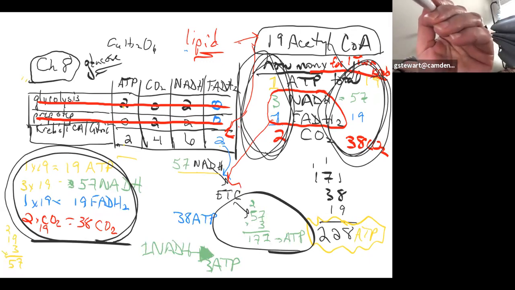If you can reproduce this chart very quickly and remember adding on the starting molecules and the ending molecules, as well as where it happens in the cell, that will help you a lot to be able to answer any of the higher order questions that are a little more complicated than something like, how many ATP do you net from glucose, right? That's like a knowledge question now. That should just be basic. You should just know that off the top of your head. Questions, comments, worries, concerns before I move on?